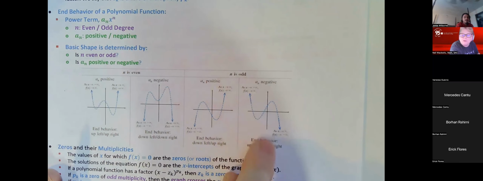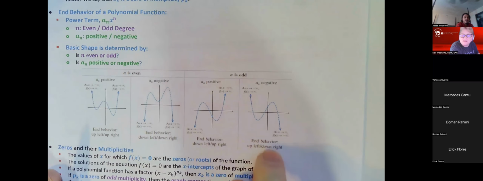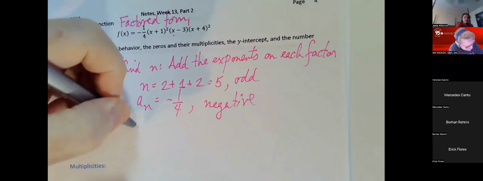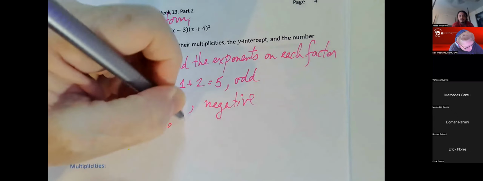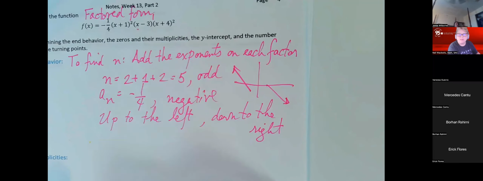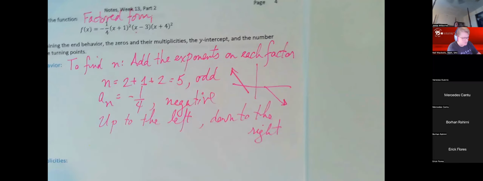We're going to go up to the left, down to the right. So my end behavior is going to be like this, up to the left, down to the right.